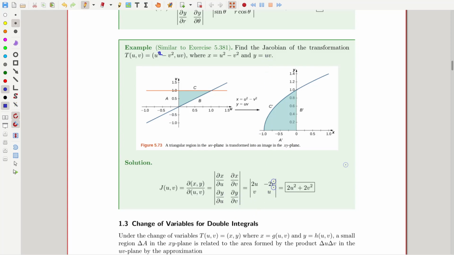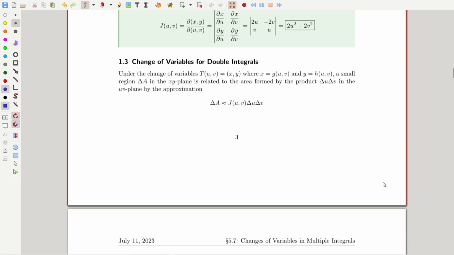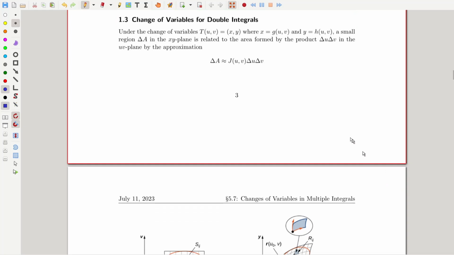Got to be a little bit careful about those letters. Okay, and then computing that determinant, you get main diagonal minus anti-diagonal, which gives you this quantity. So that's computing the Jacobian. It's just the algebra after you take the partial derivatives, so it shouldn't be such a big deal. What's going to be a bit harder is wrapping your head around the transformation.